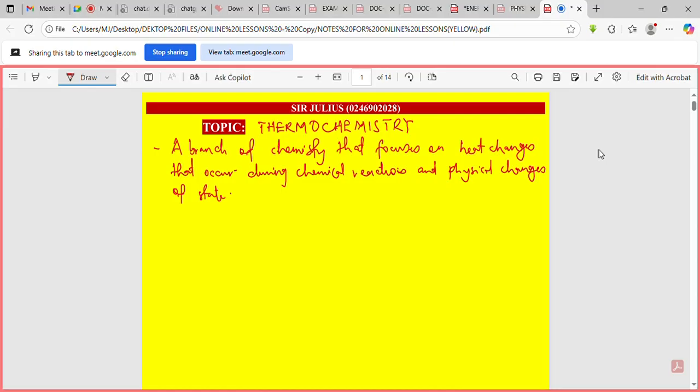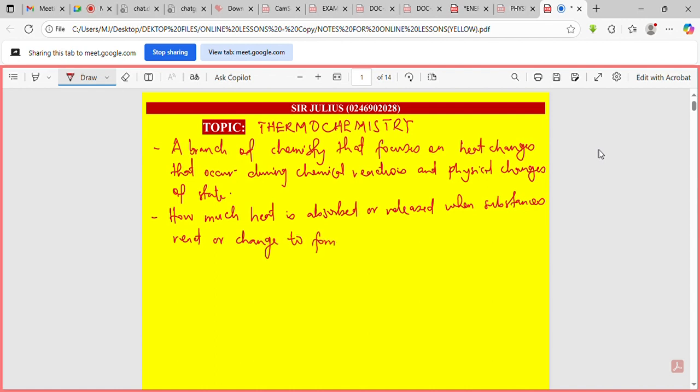In simple terms, we are looking at this branch of chemistry that studies how much heat is absorbed or released when substances react or change to form new substances.